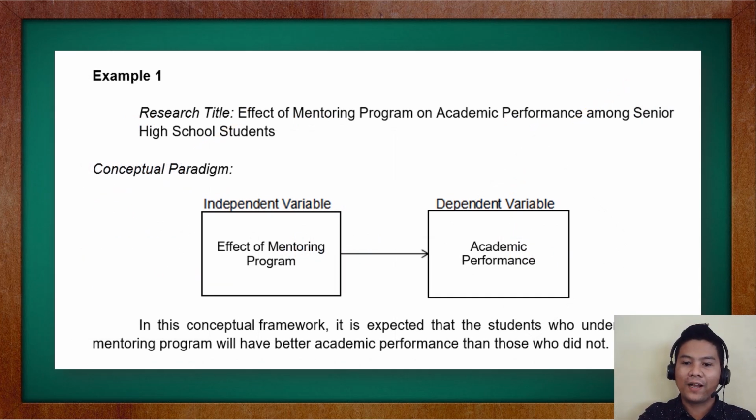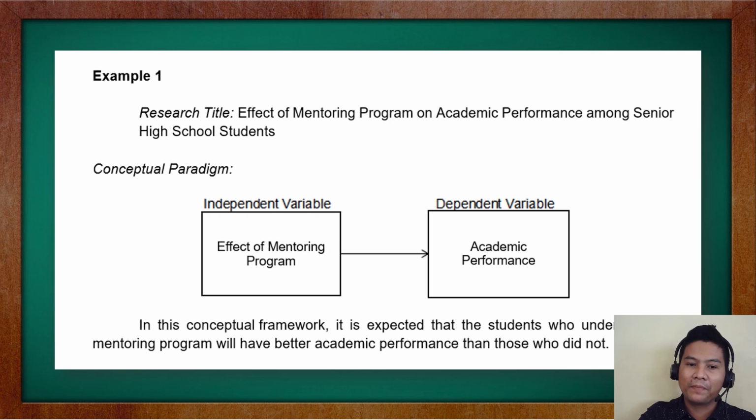Alright, so we will have another example which we actually used at the beginning of this video lesson, but still useful to explain further on the research framework. The title is Effect of Mentoring Program on Academic Performance Among Senior High School Students. So you can see here the independent and dependent variable model.